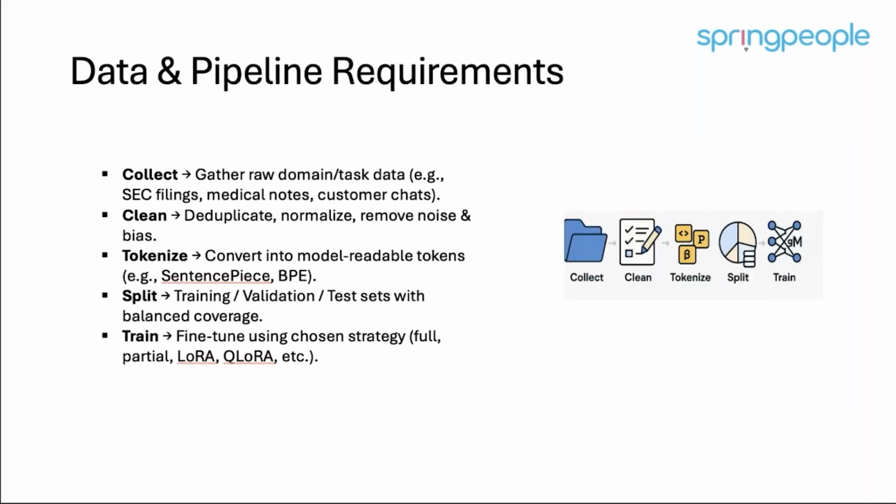So you'll go through this process of tokenizing and splitting, and then you would end up doing the whole training as such. So you will have to build a pipeline for this. When you are doing fine tuning, it is pretty much equivalent to training a model, just that you are not going through the full stretch of training. It's only a partial set of the neural network that you are utilizing to do the training.